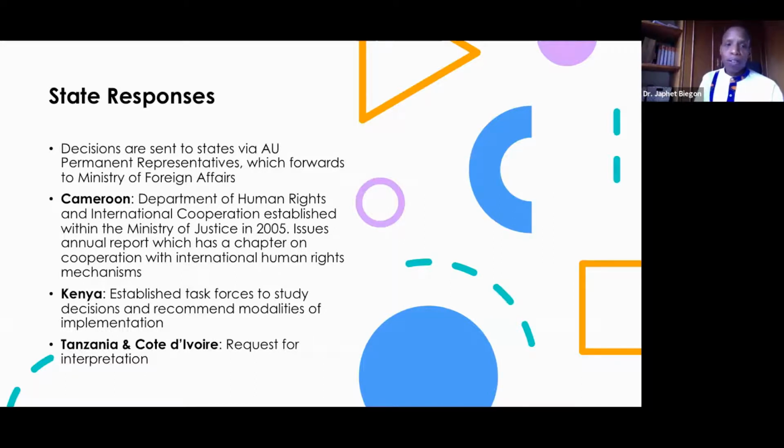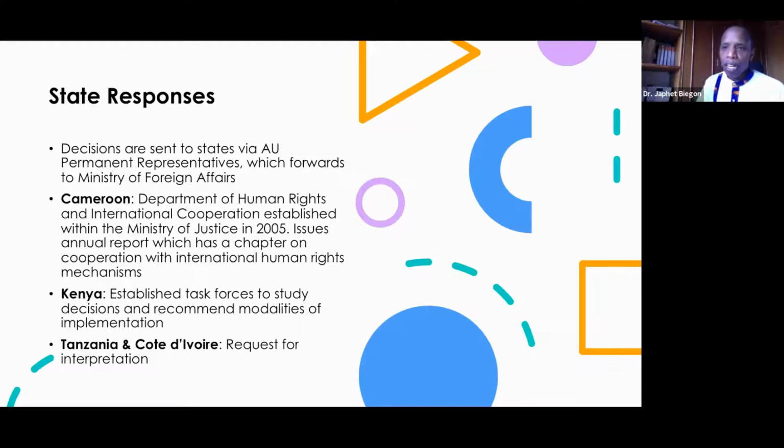And one, of course, is Cameroon, which has a Department of Human Rights and International Cooperation within the Ministry of Justice established in 2005. This department is responsible for receiving those decisions from the regional bodies. And I would imagine that, for instance, in the recent case, Genevieve versus Cameroon, which the Commission has said has been fully complied with, this department might have played a role.